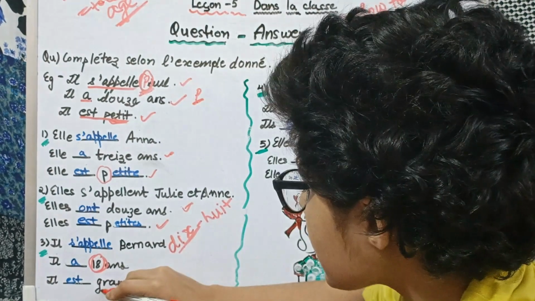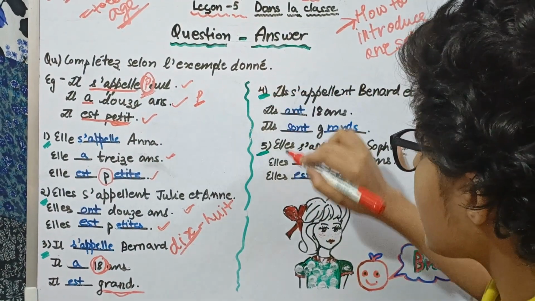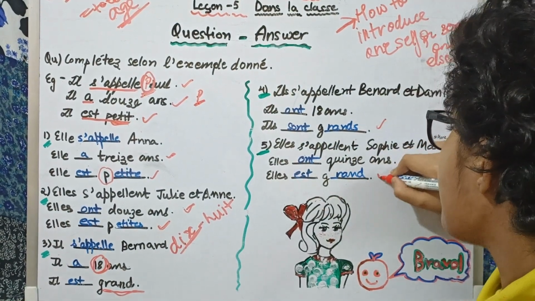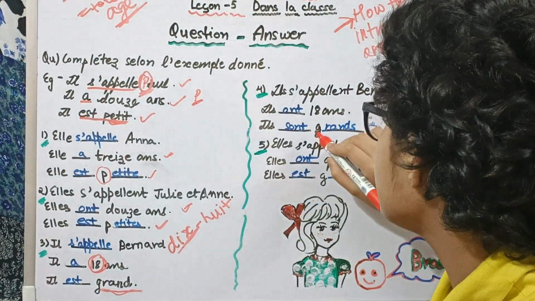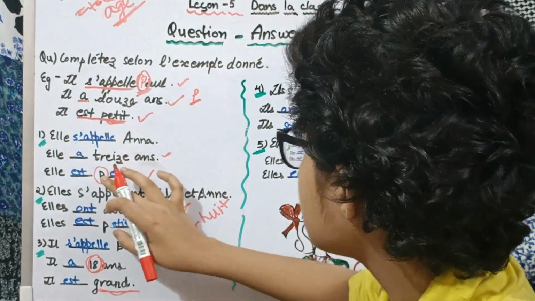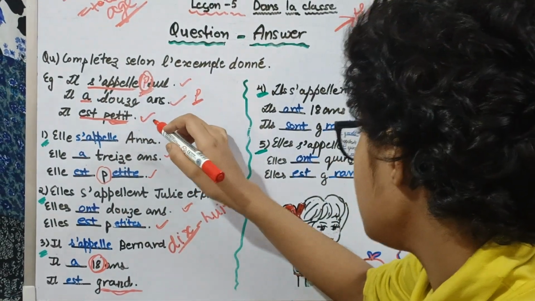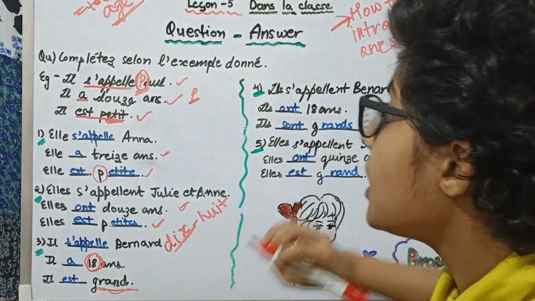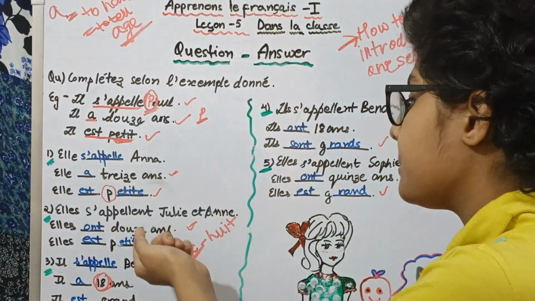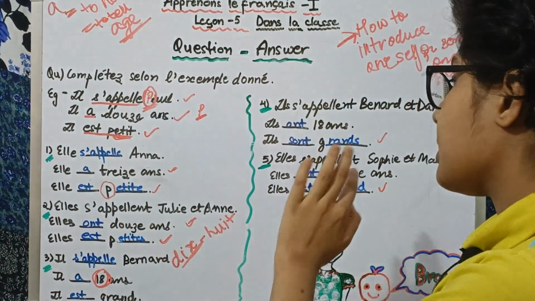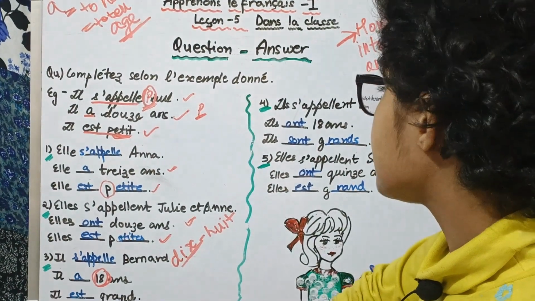Now here is another adjective that means big, and now from here onwards in the 4th and 5th part we need to fill that by ourselves, and an example or a hint is given to us that how do we need to fill. Either it is P written or it is G written. For P we'll write it as petit, and for G we'll write it as grand. Now you think about it yourself, does any other adjective start with G or P other than petit or grand? No, so we can think like that and fill it here.